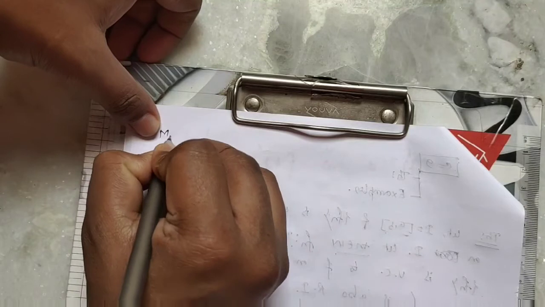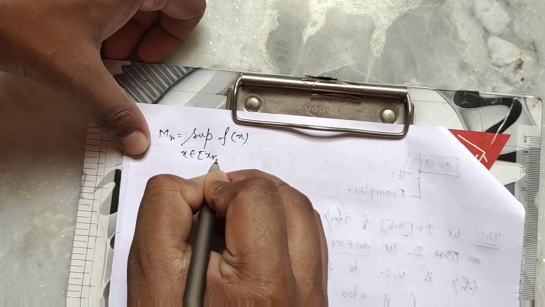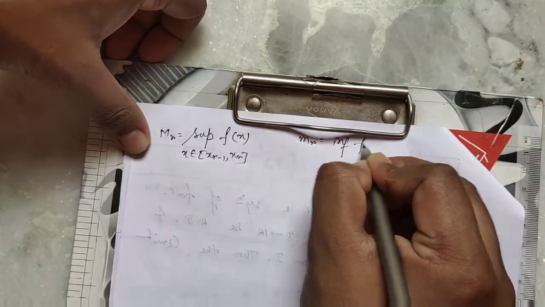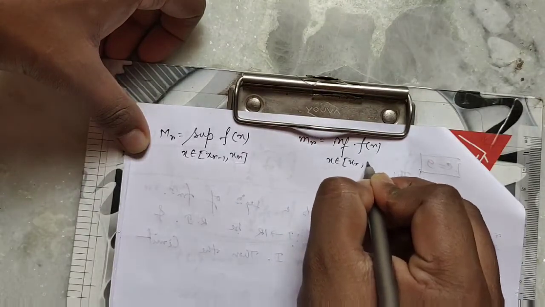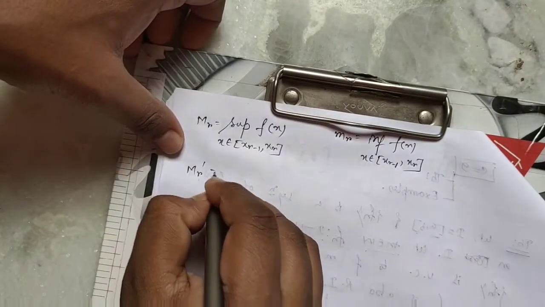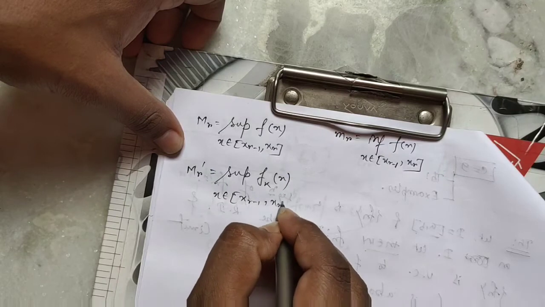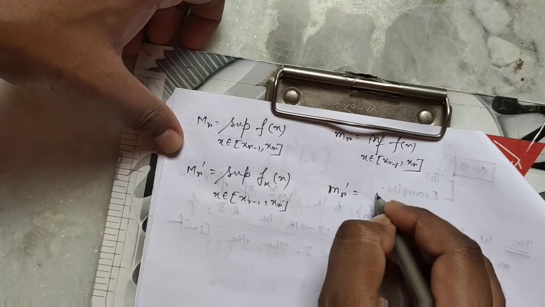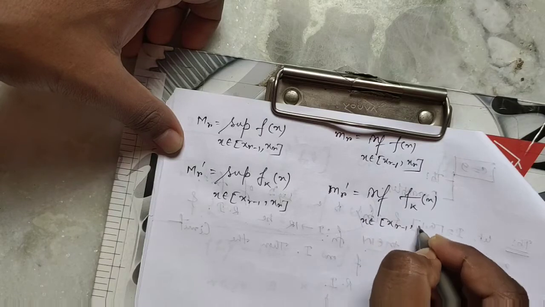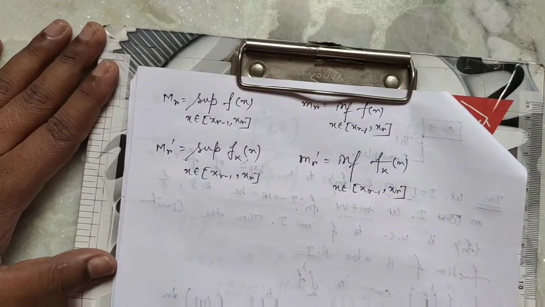We take capital Mr equal to the supremum of f(x), x belongs to [x(r-1), xr], and small mr equal to the infimum of f(x), x belongs to [x(r-1), xr]. Similarly, Mr dash equal to the supremum of fk(x), x belongs to [x(r-1), xr], and small mr dash equal to the infimum of fk(x), x belongs to [x(r-1), xr]. Clear?